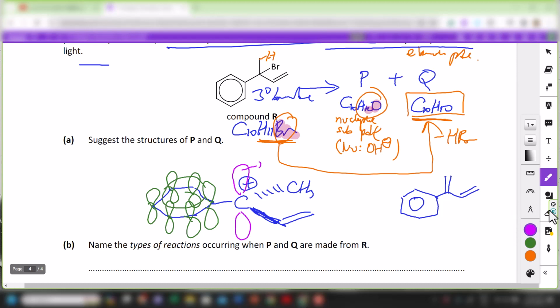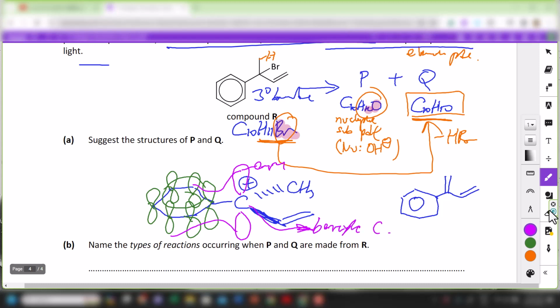This empty p orbital is going to overlap side-on, and the delocalization is going to help stabilize the positively charged center. Those of you who have heard me in earlier lectures know that this carbon is known as the benzylic carbon.